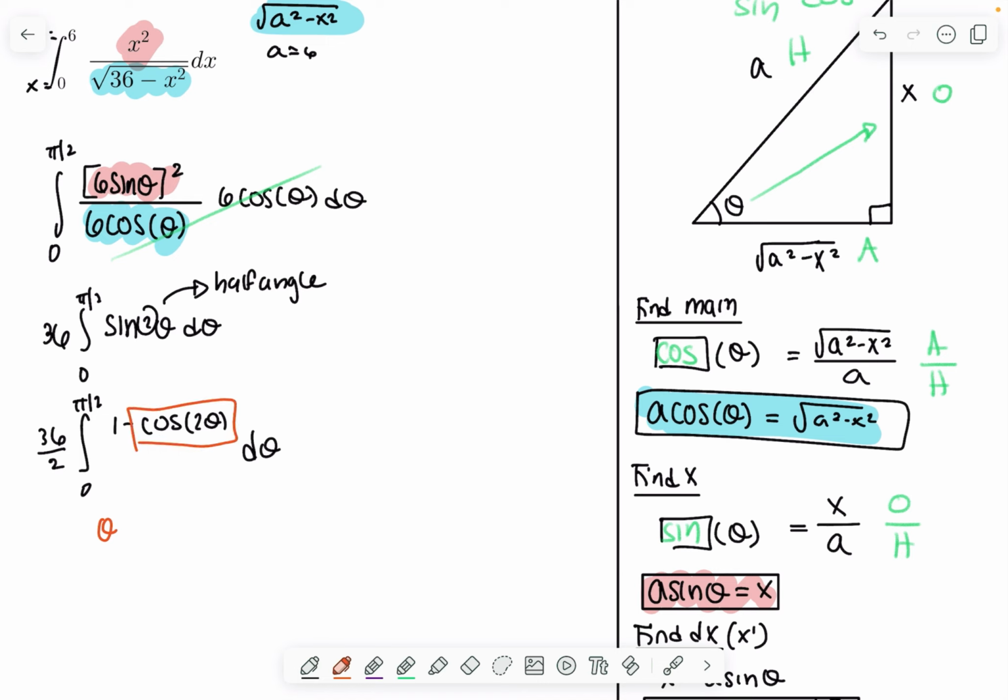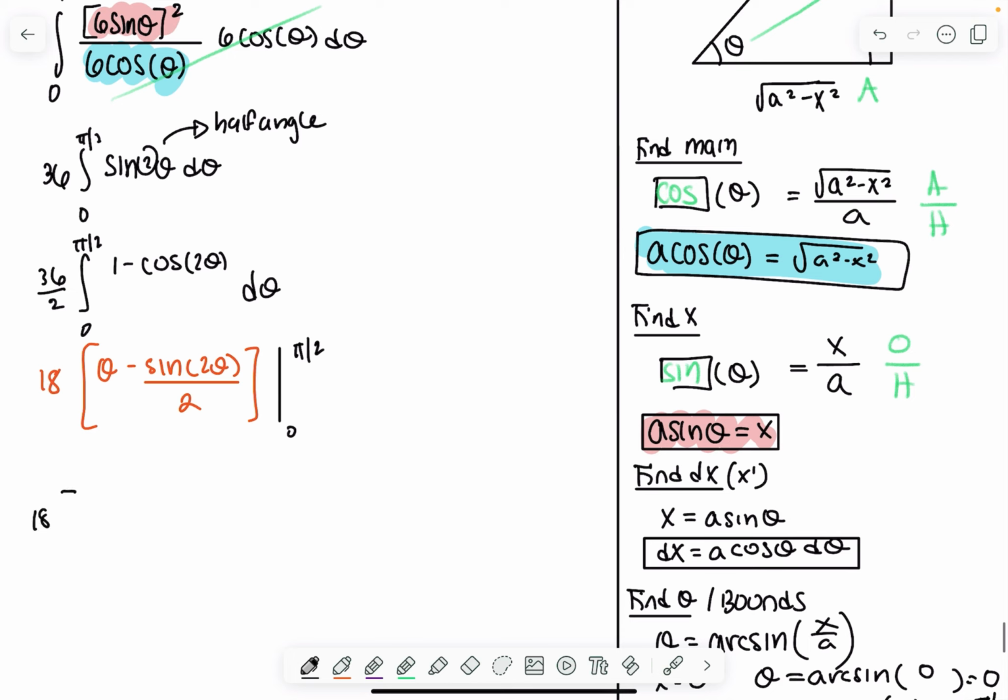And so when we take the antiderivative of that, that just becomes sine of 2 theta, and kind of the inverse of chain rule, you would usually multiply with what's on the inside, but because we're taking antiderivative, we're going to divide by what's on the inside, and that's all being multiplied by 36 divided by 2, which is 18. And so that's all being evaluated from 0 to pi over 2.